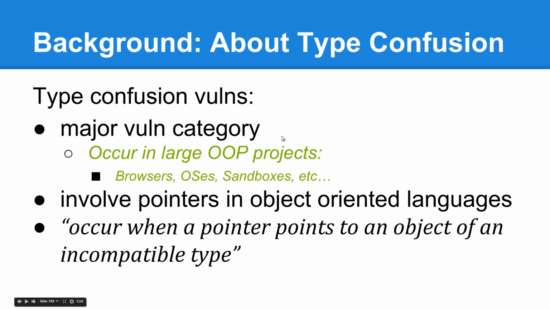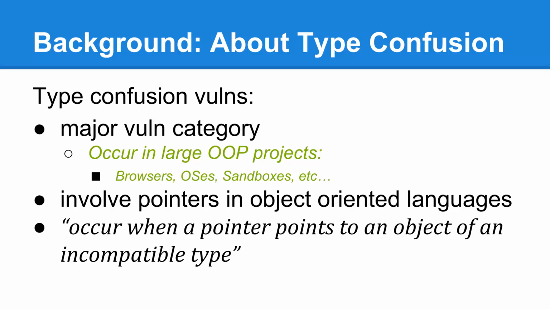It occurs only in large object-oriented projects that involve different modules, whether they're DLLs or shared objects, and libraries that are doing all sorts of different things, like handling media formats, handling rendering, handling Flash, handling etc. And they're passing back and forth very complex binary formats in terms of data.